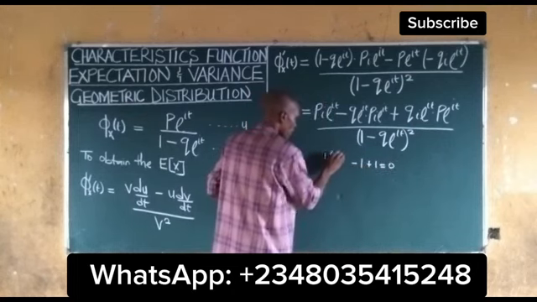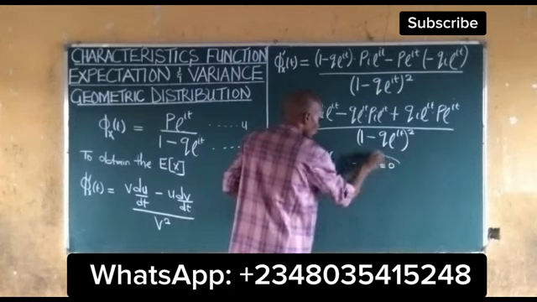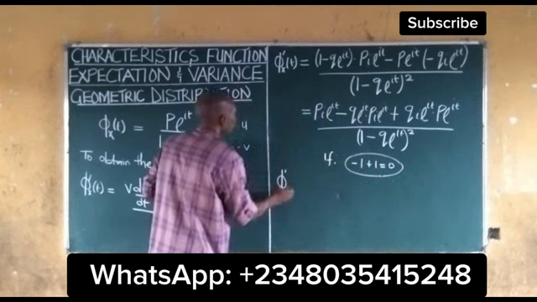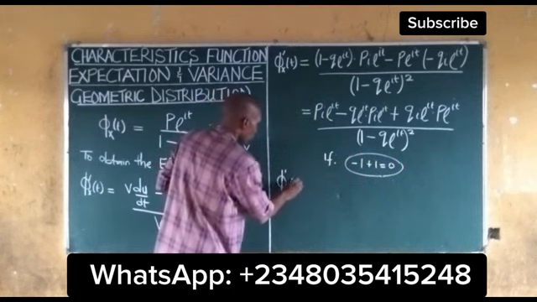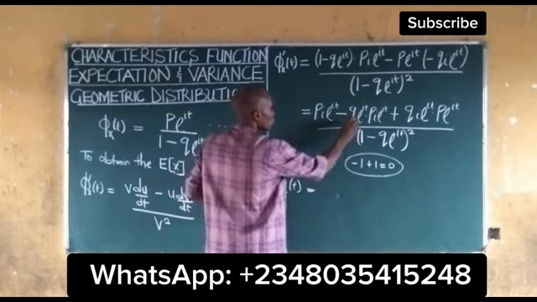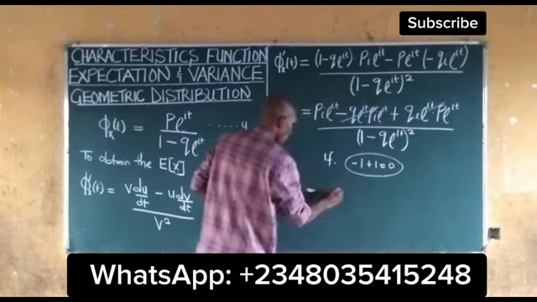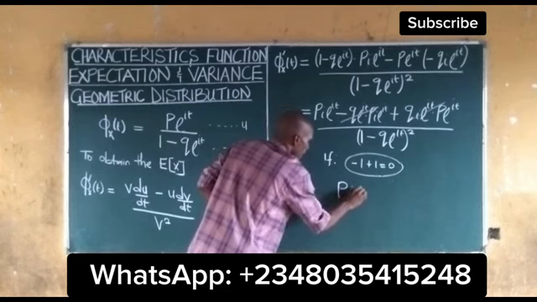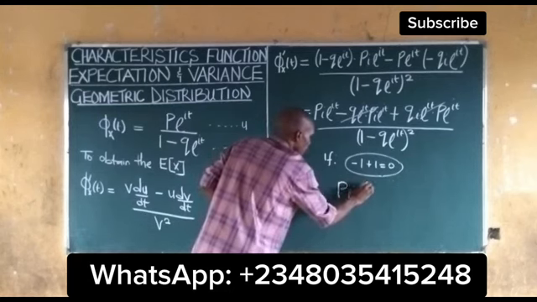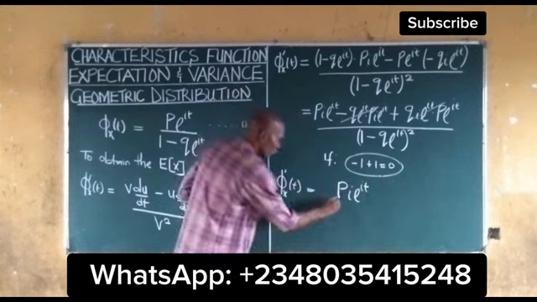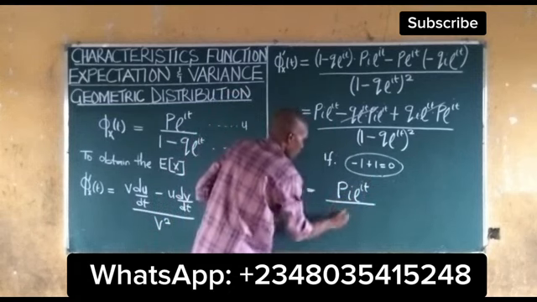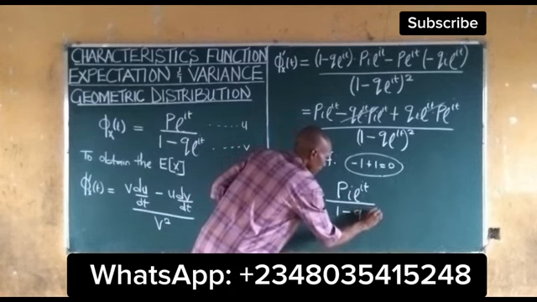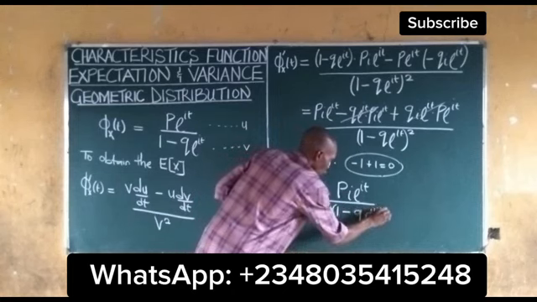So if this holds, it then means that the derivative of the characteristic function with respect to t is equal to, this will cancel this to give us p i e^(it) all over 1 minus q e^(it) all squared.